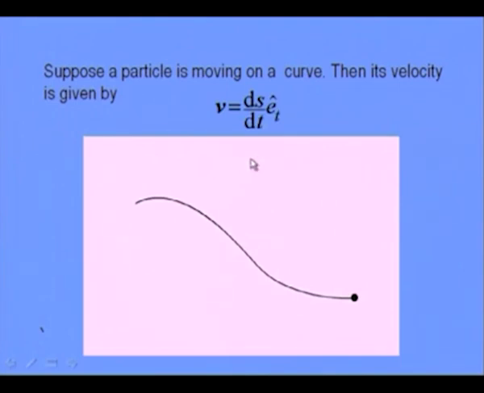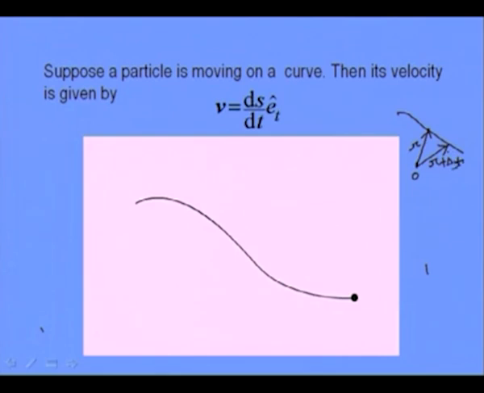This is very easy to see here. Suppose this is the origin O, and this is the curve. At one instant of time the position is r, and after time t the next position is r plus delta r.